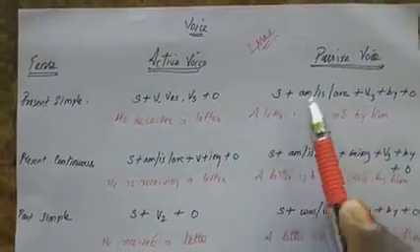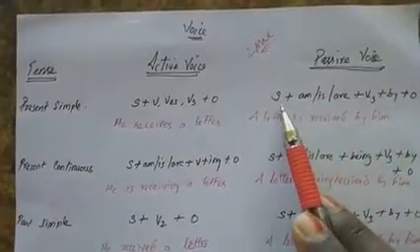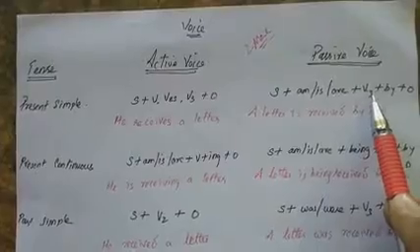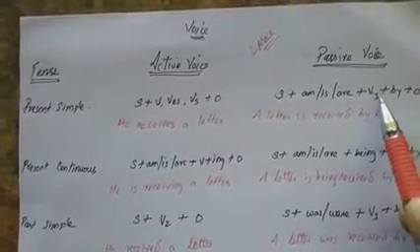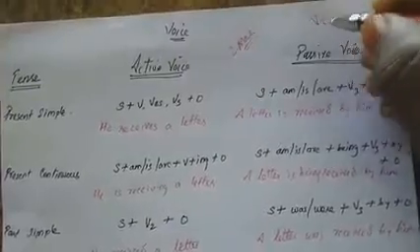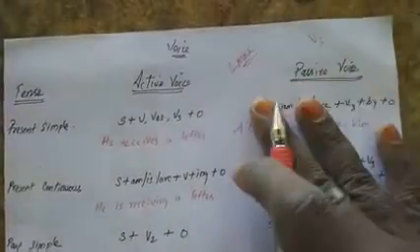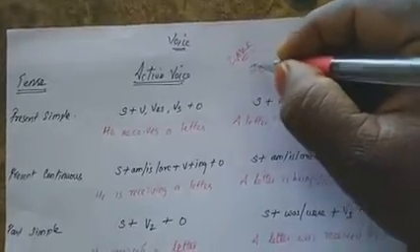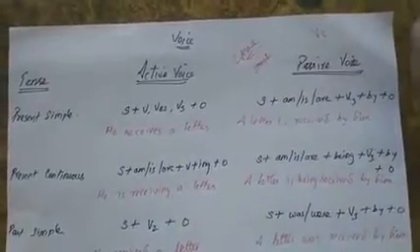So the formula for the passive form is subject plus am, is, or are, plus V3. All the passive forms will carry verb 3. What is V3? Take for example, speak, this is verb 1.